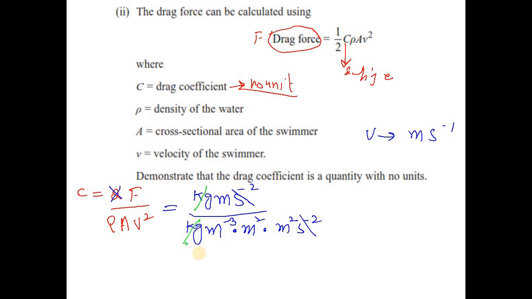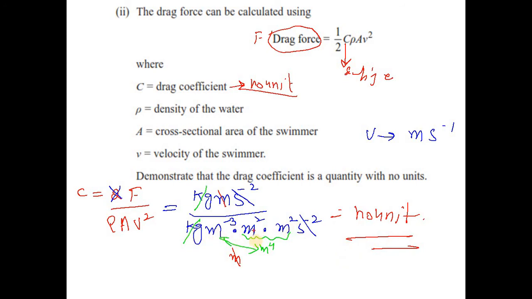Kg and kg will be cancelled, and if you see, this is meter 4, and meter 4 and meter minus 3 combine to give you meter, and this meter will be gone. So overall all units are cancelled, so you have no unit.